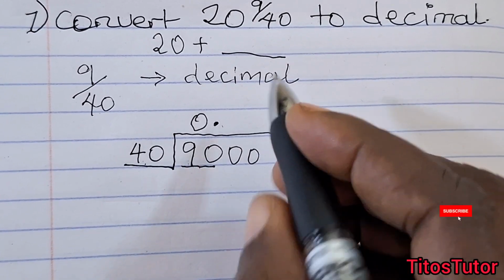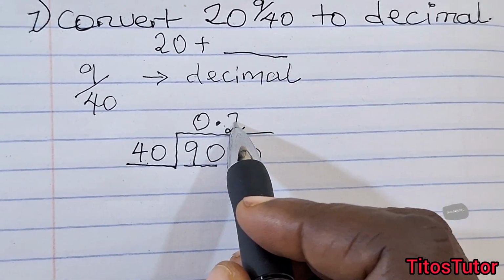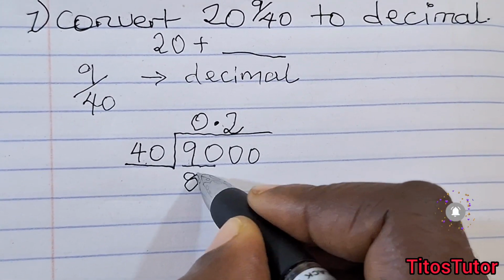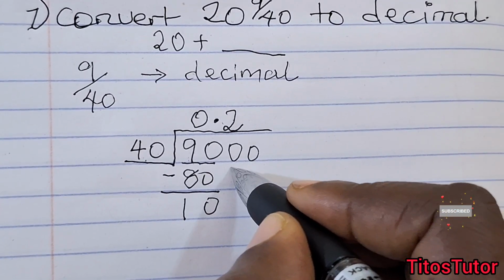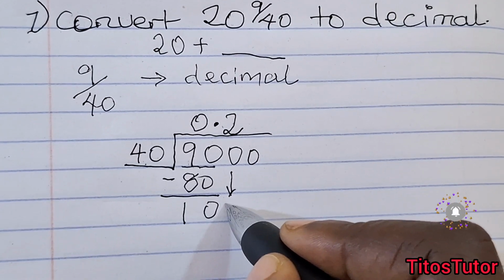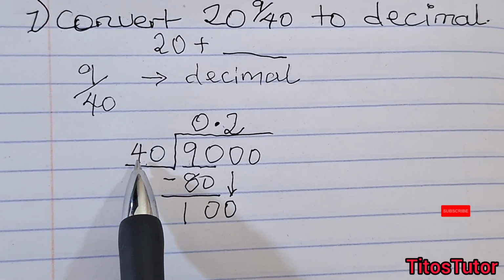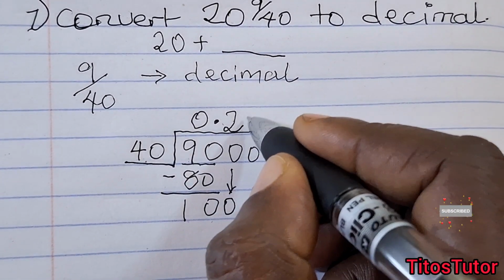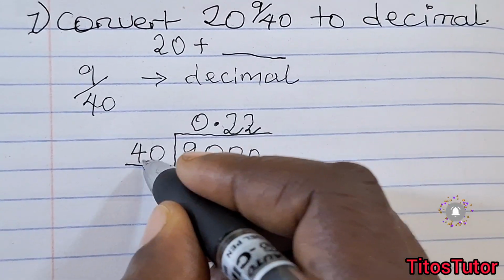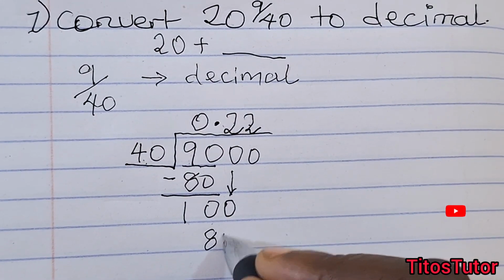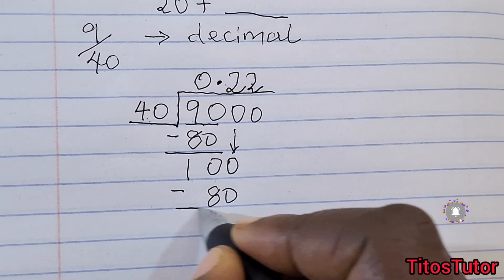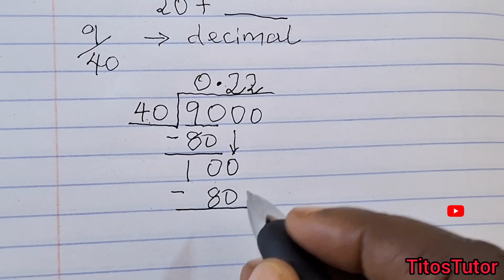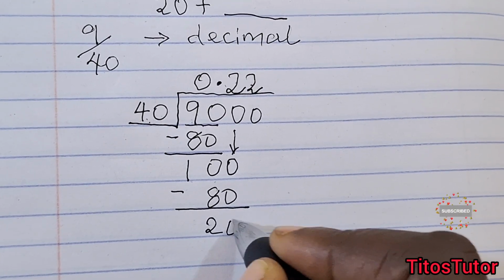How many 40s are in 90? 2. 2 times 40 is 80, and I subtract. Here I have 10. So I bring down my 0. I say again, how many 40s do I get in 100? 2 again. 2 times 40 is 80. I subtract. This time around, my 100 minus 80 is 20.